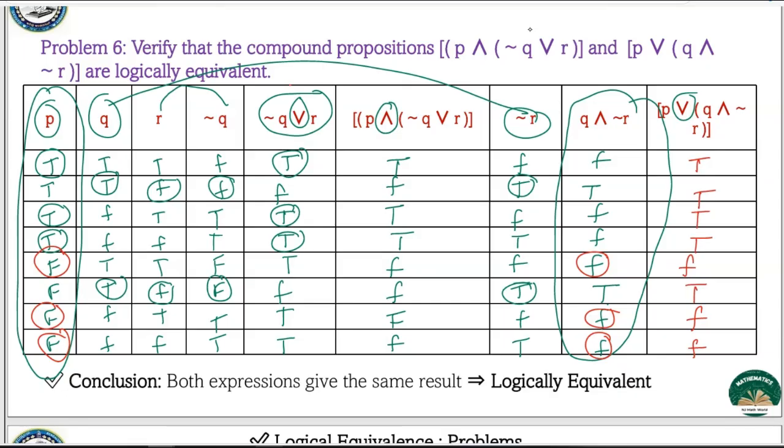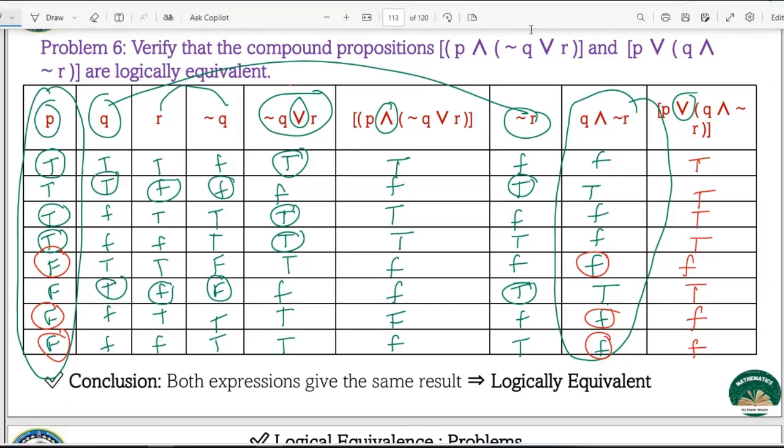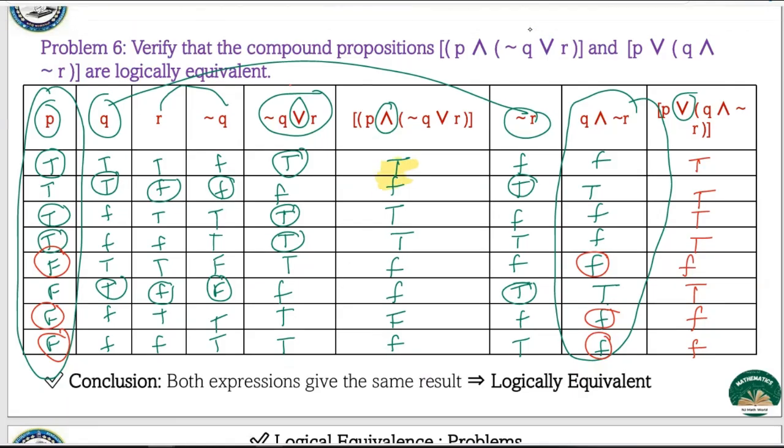Now we have to check whether both conditions are the same, whether the given compound propositions are the same. So we'll check the values of this LHS and this RHS. Are they the same? No, they are different.